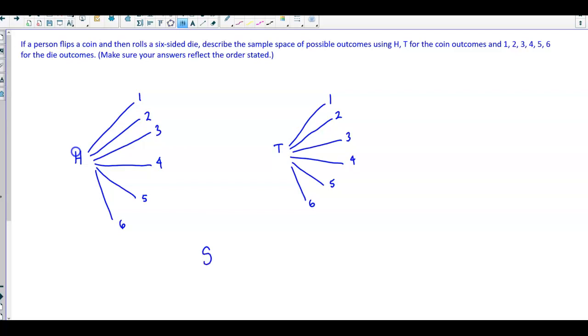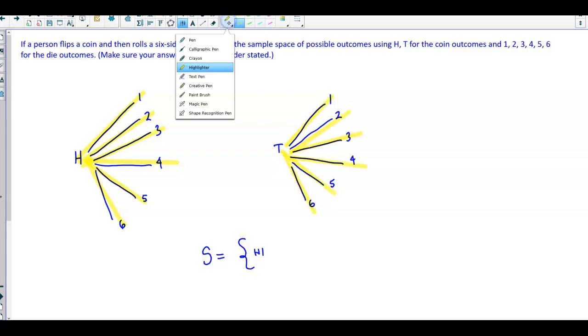So now we're going to write the sample space in braces. So we have H1, because recall here that they want us to make sure that we write the proper order. H1 and then H2, H3, H4, H5, H6, T1, T2, T3, T4, T5, and T6.